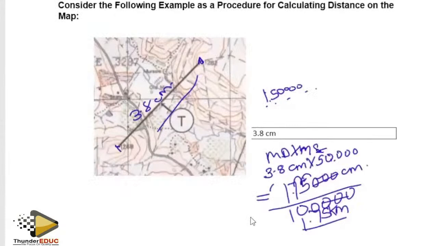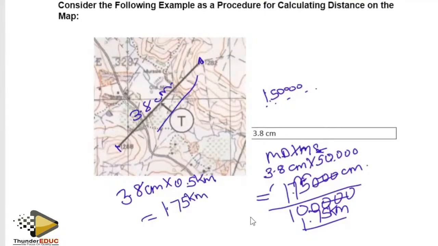So I will say 3.8 centimeters times 0.5 kilometers. What will I get? The answer you're going to get is 1.75 kilometers.